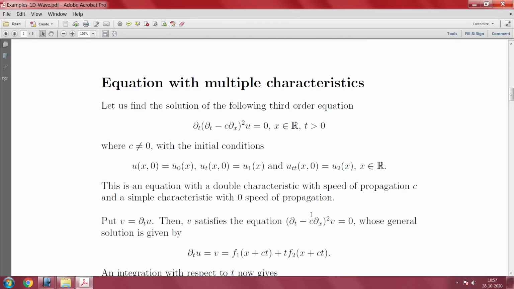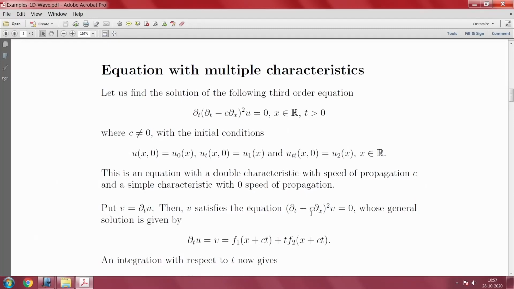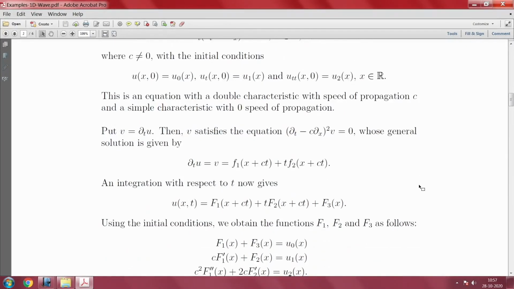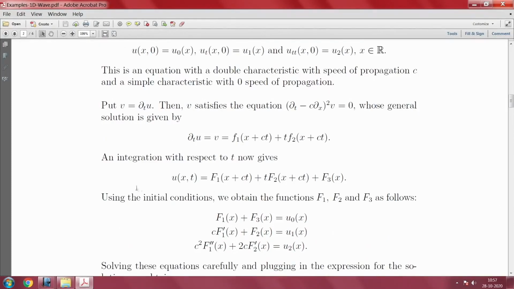Now it is only differentiation with respect to t, so we just integrate that. We integrate this ∂_t u equal to this expression, and you integrate only with respect to t, okay. So, x remains the same. And this f3(x) is added because that is constant as far as the t derivative is concerned.